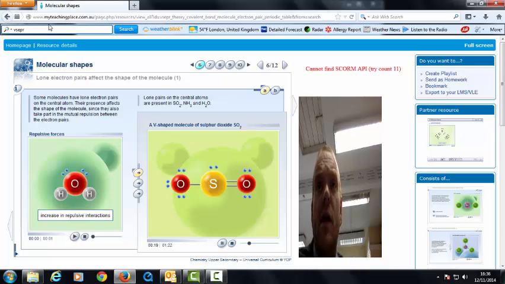I've got a sulfur which has been singly bonded to an oxygen, and a sulfur which has been doubly bonded to the right-hand oxygen. Even though there are 4 electrons in that double bond, it is treated as one bonding environment. So I have a total of 2 different bonding environments, the double bond and the single bond. So my ideal bond angle would be 180 degrees with my 2 bonding environments.